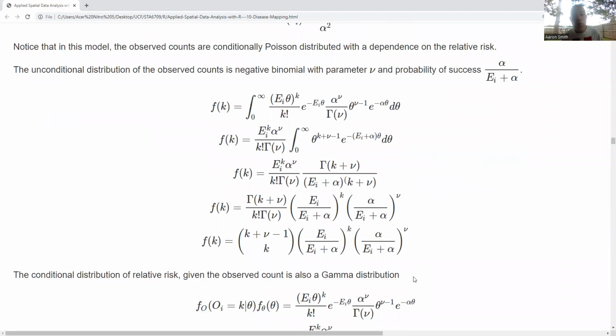Well, it's just a straightforward, simple computation. I'm interested in the distribution of the counts, so I'm going to integrate out theta. I'm going to take the integral from 0 to infinity, since theta is a gamma random variable and that is its support. Here I have the Poisson distribution. Here I have the prior distribution.